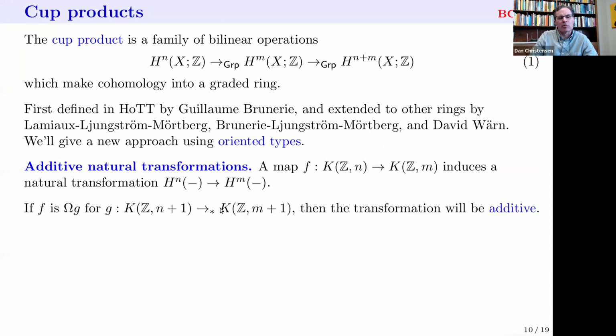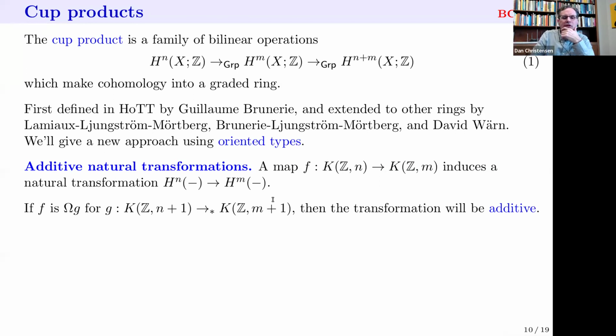But I'd like to get group homomorphisms. If the map I have is a loop map, if it's loops of a pointed map on the deloopings, then the transformation I get is automatically additive. And so what I mean here, of course, when I take the loops of G, I'll get an omega in front of these, and then I use the equivalences to these two types on either side of that loops G.